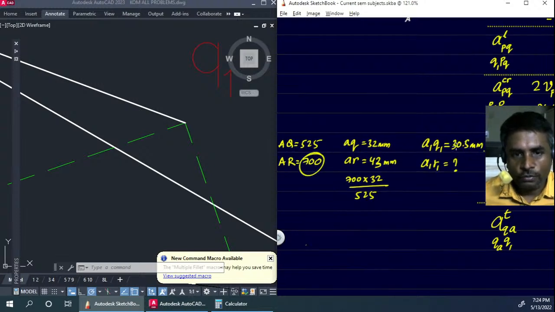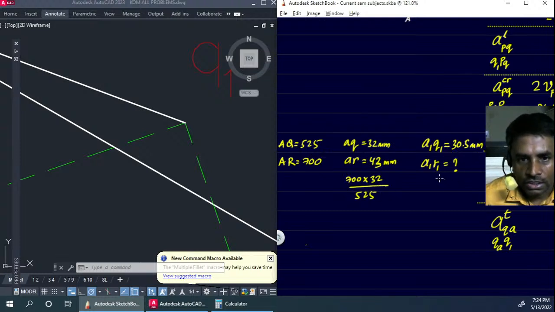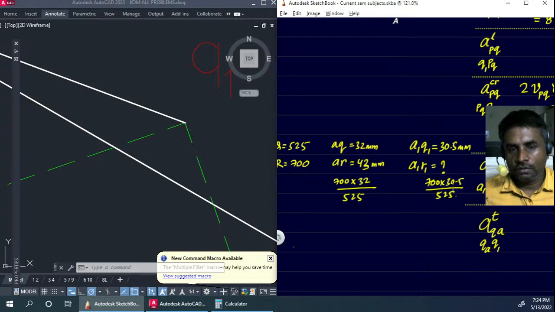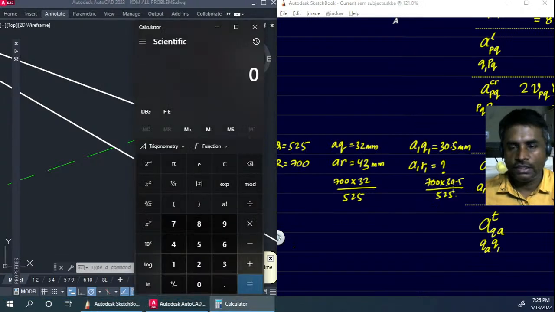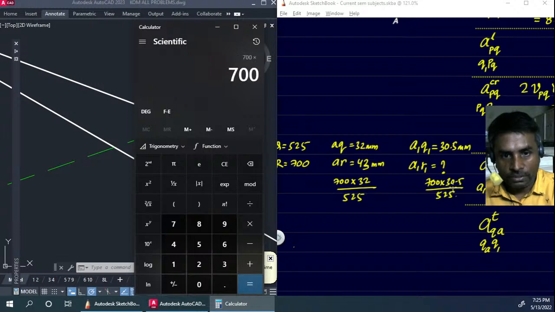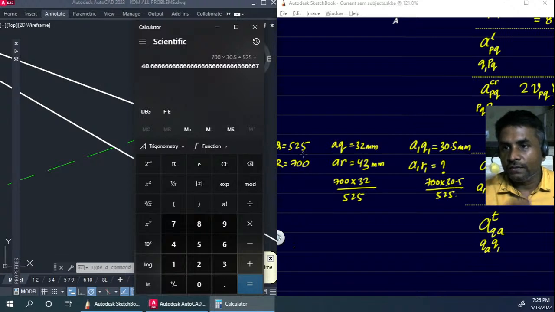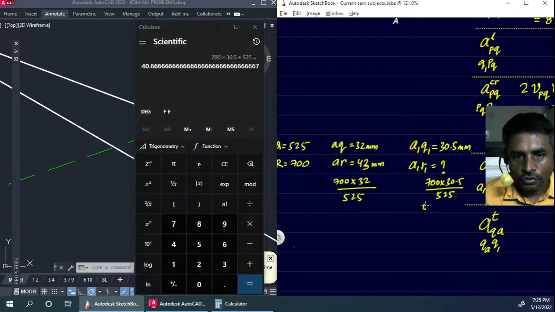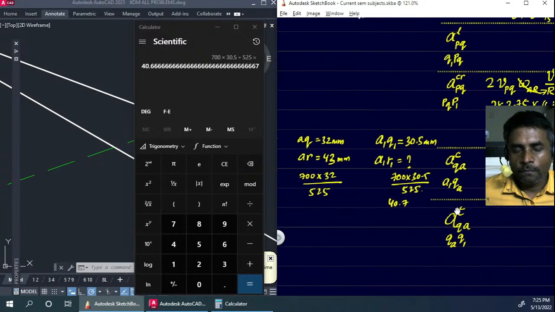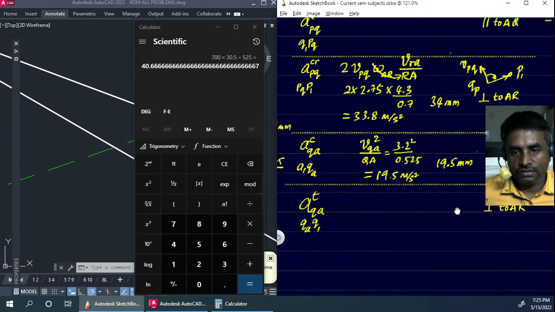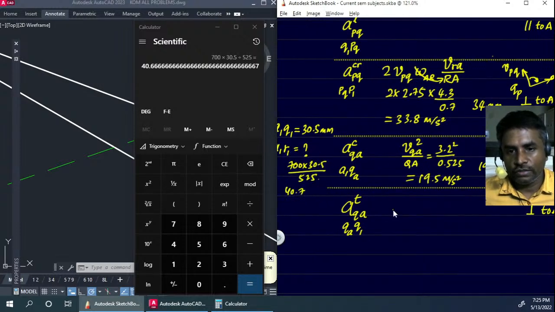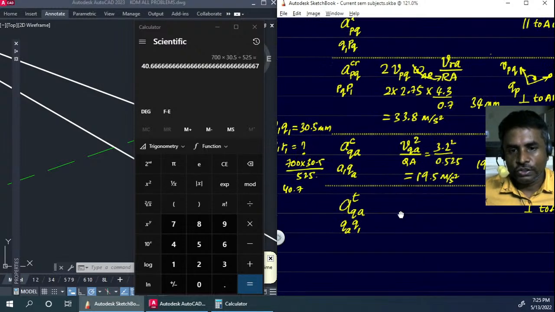So I have to multiply this with this and divide by this: 700 into 30.5 divided by 525. Let's do this in the calculator. 700 multiplied by 30.5 divided by 525 gives us 40.7. That's going to be the length to which we need to extend it.